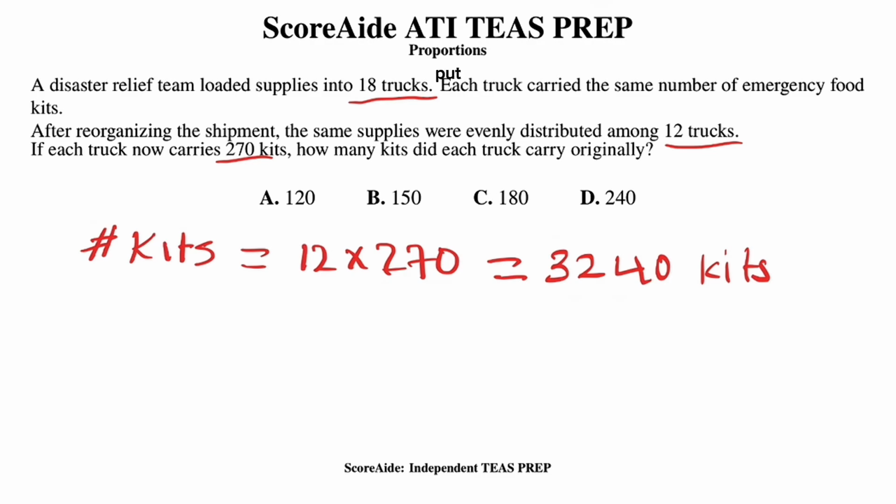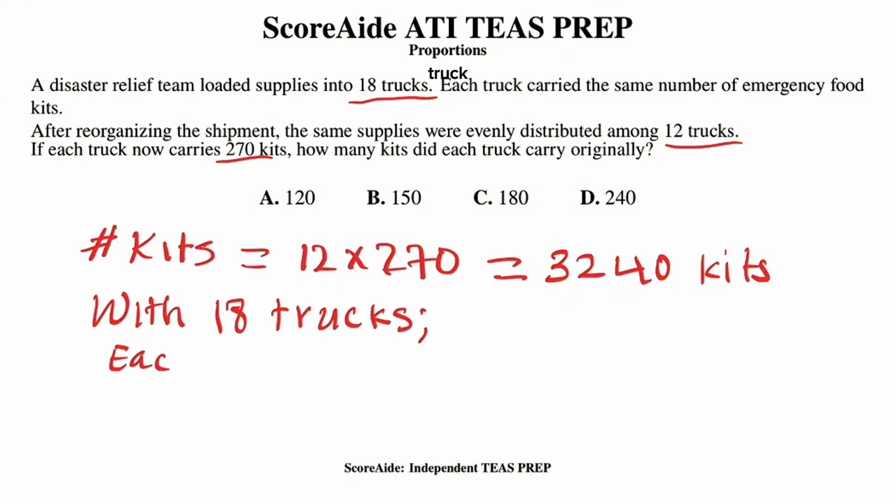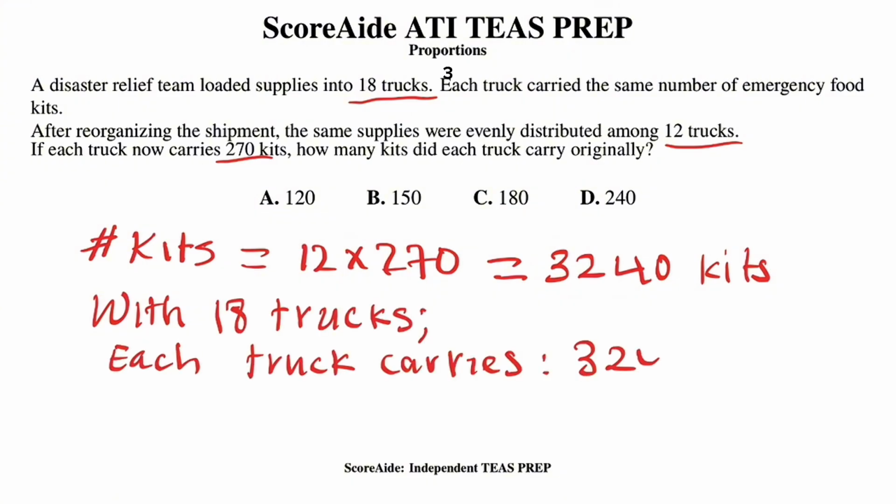Now, if we put these kits back into the 18 trucks, each truck carries 3,240 divided by 18. So that is going to be 180 kits. So each truck originally carried 180 kits. So the answer is going to be C.